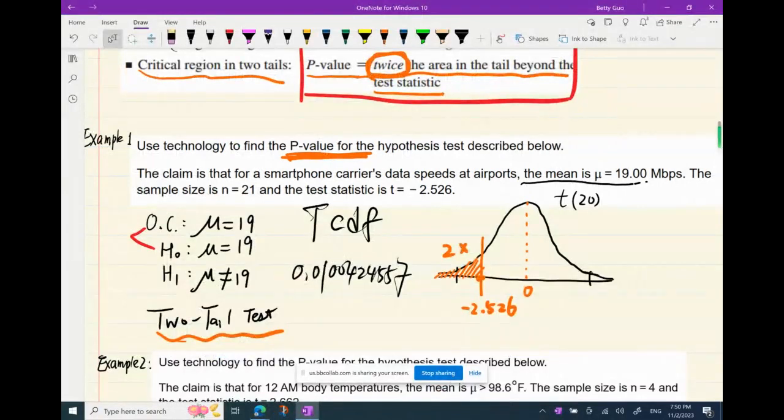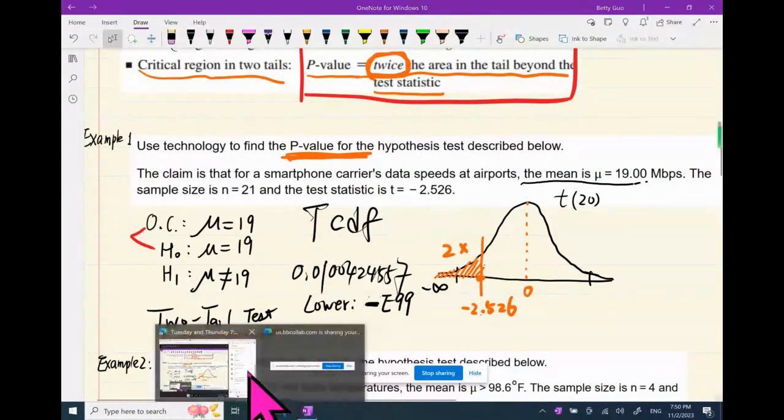Look at the region, Charlene. It is from negative infinity to negative 2.526, right? So your lower is negative E99. It represents negative infinity. The negative sign is on the bottom right, and double E is the second comma, and 99.